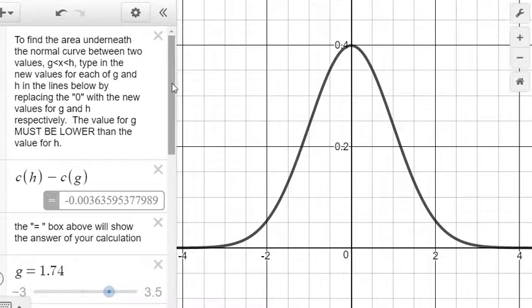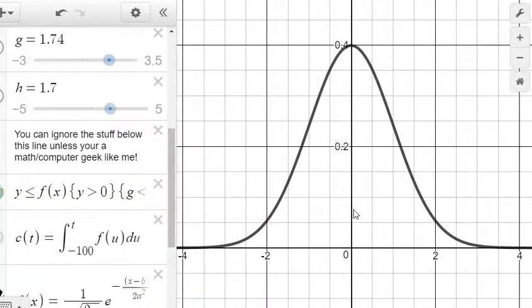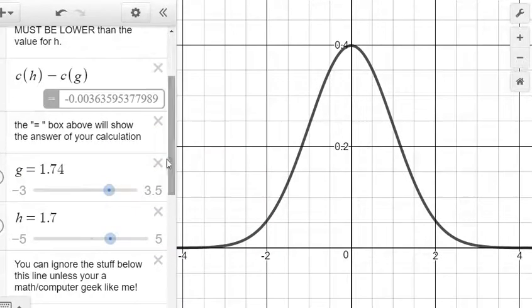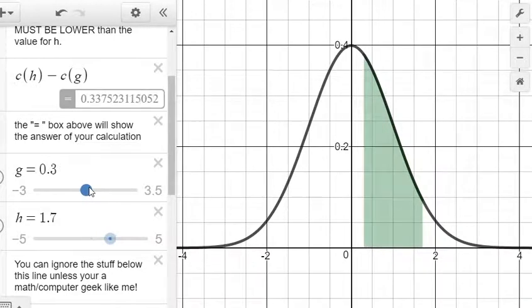So if the total area underneath this curve is 1, then how much of the area is to the right of 0? So 0 to infinity. How much is in this shaded region if the total area is 1? Half. So 0.5 is on either side of the mean, or 0 in this case.